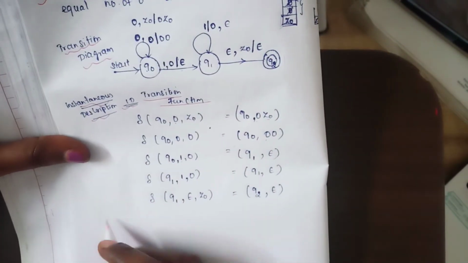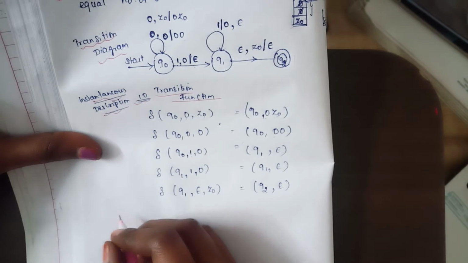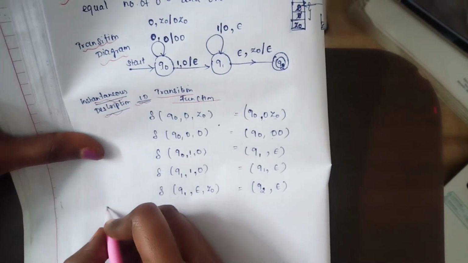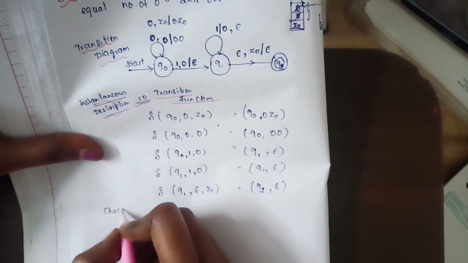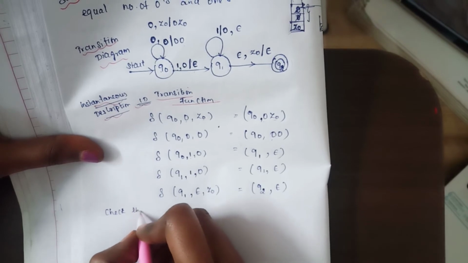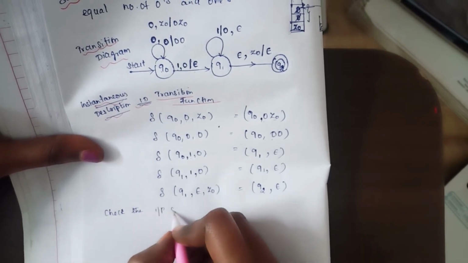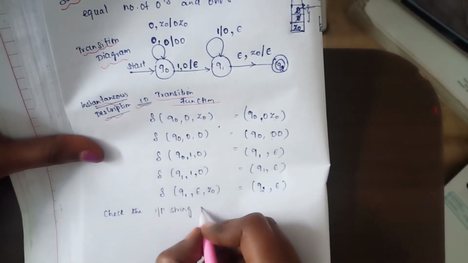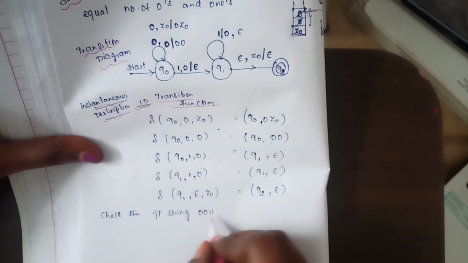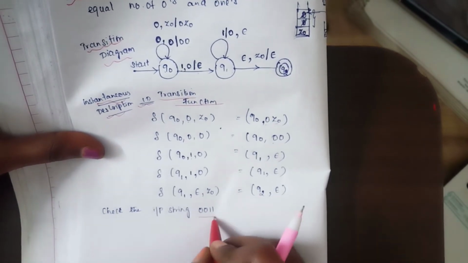So now we have to check an input string. Let us check the input 0 0 1 1, because here there are an equal number of zeros and ones, right?